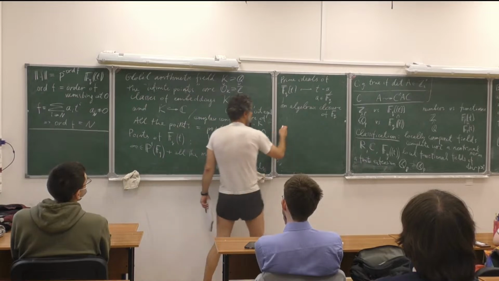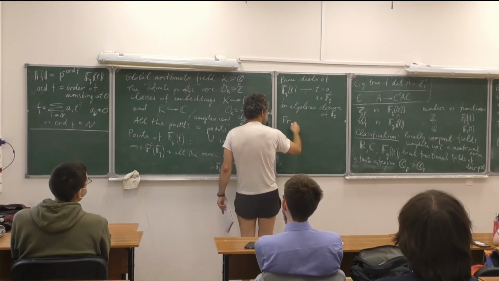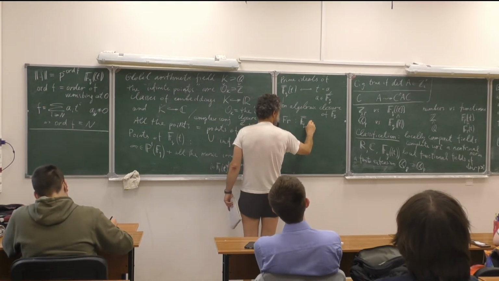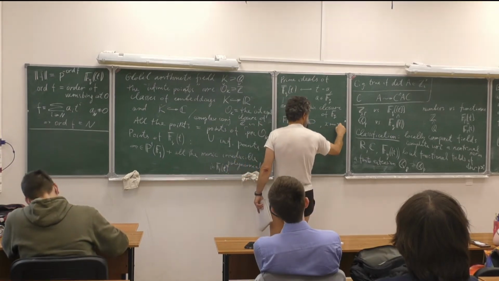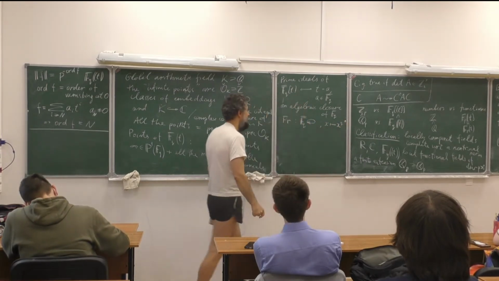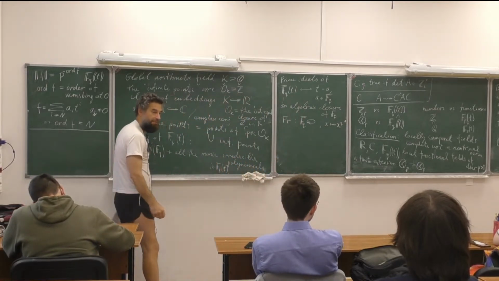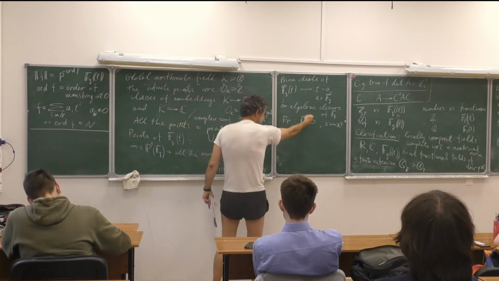Well, you know that there is the Frobenius automorphism from F_q bar to itself, namely x goes to x to the power q, and then the fixed points are exactly the finite field F_q itself.